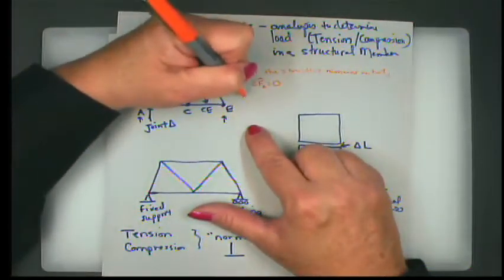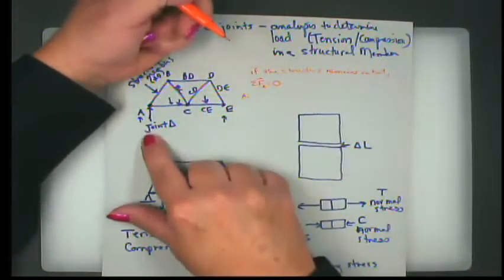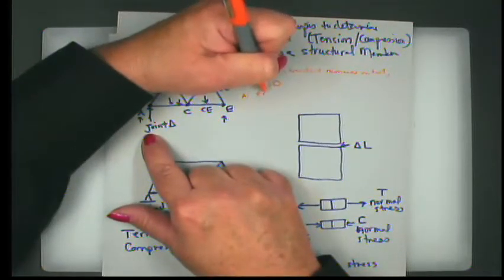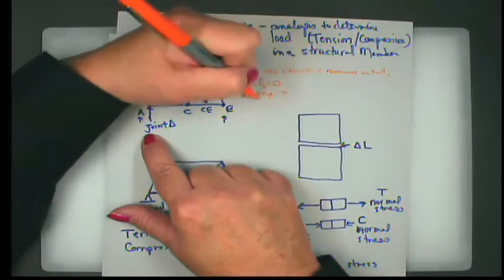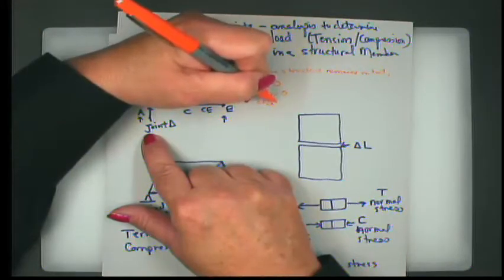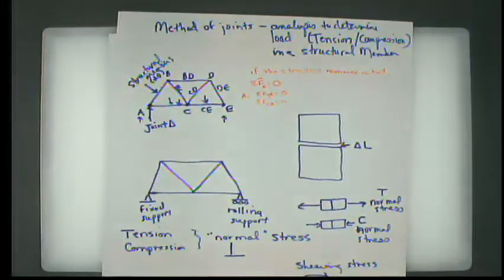So if I look at an analysis of the joint at A, I can say that the summation of forces in the y direction going into joint A has to be equal to 0, and the summation of forces in the x direction at A also has to equal 0. Now, we don't have to choose x and y, but we always choose orthogonal coordinates because then we don't have to get into the whole law of cosines thing. We can just sum things in the x direction and sum things in the y.